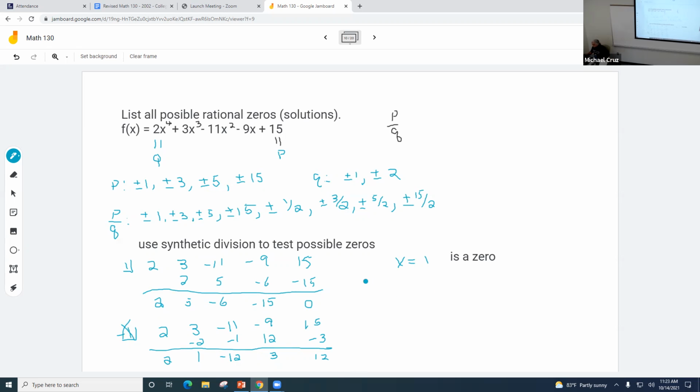Let's do 3. I'm going to have to go on another page in a second. Times 3 is 36, 9, 18. And that gives us 7 positive, right? 21.